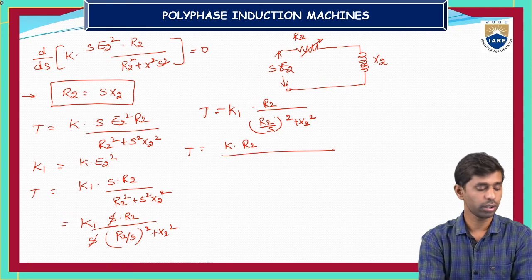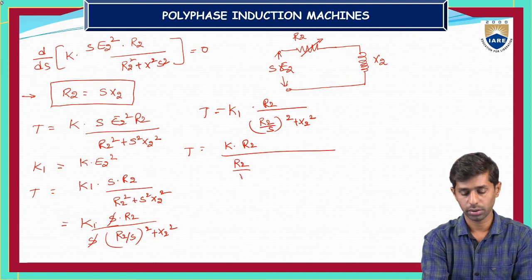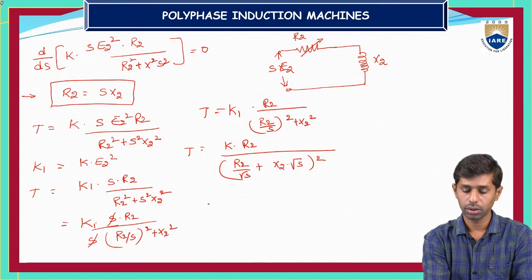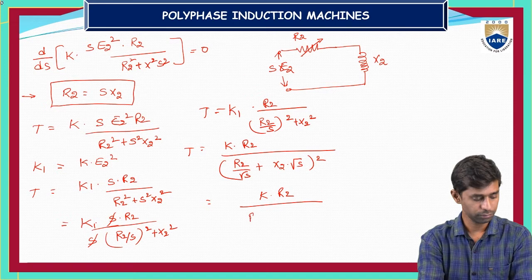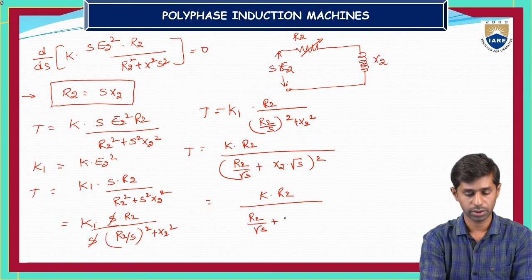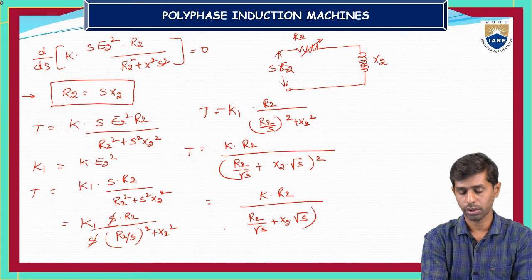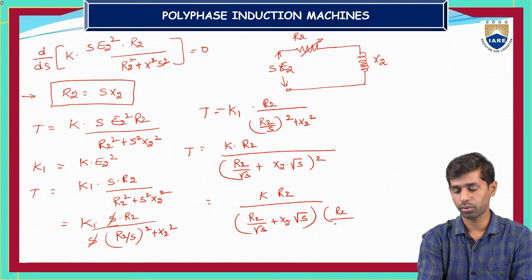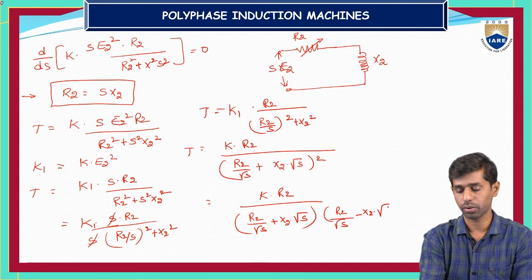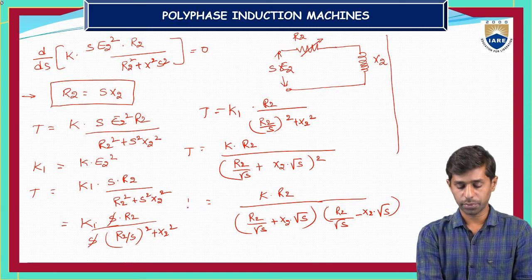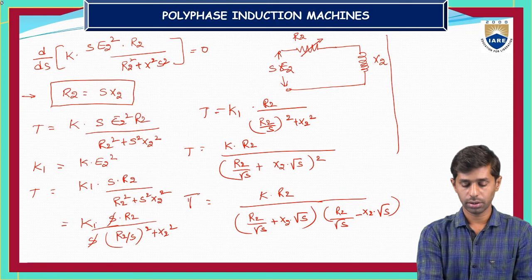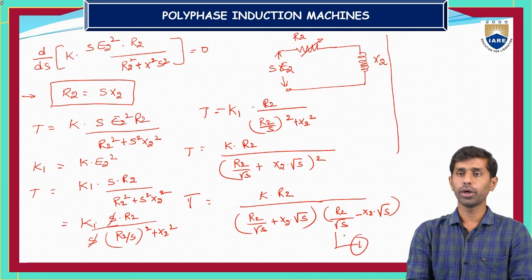Let's simplify the denominator, that is R2 by root S plus X2 into square root S, whole square, which is R2 by root S plus X2 times square root S into R2 by root S minus X2 into square root S. We make this equation number 1.